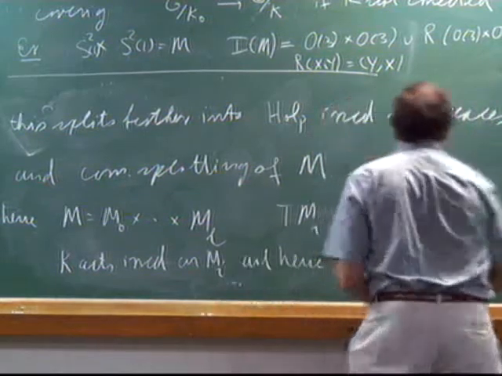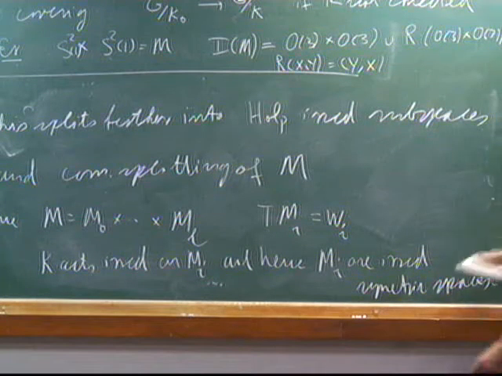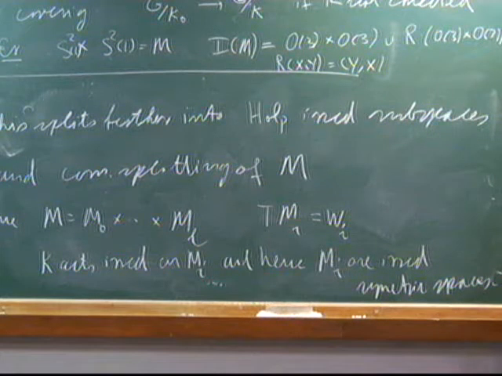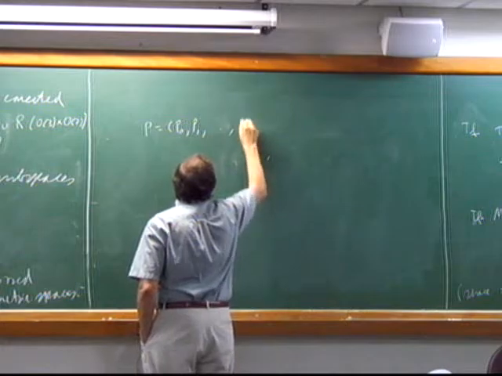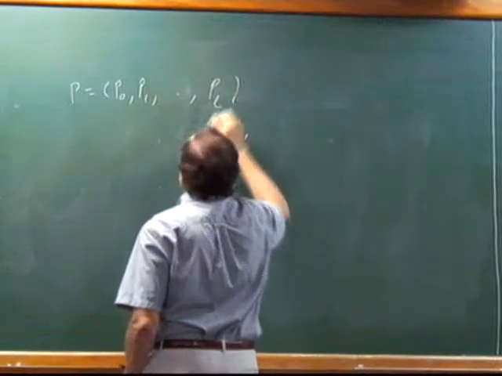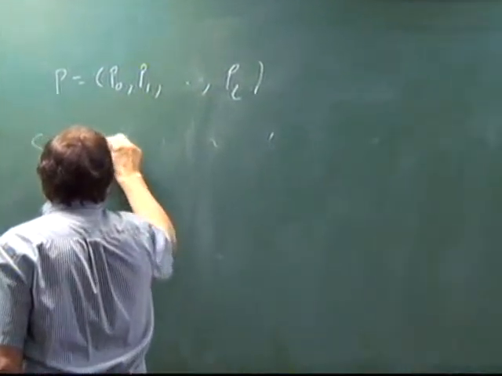except I have to convince myself that it's a symmetric space. So right now I have it as a product of Riemannian manifolds. Given a point P, I can then split it into P0, P1 up to Pl. I have a symmetry at the point P because I assume that M is symmetric.